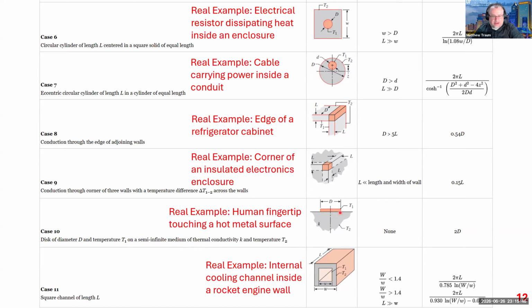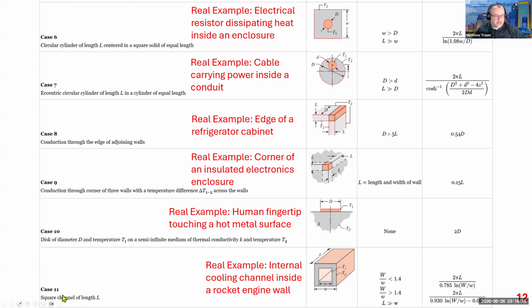Your finger makes basically a circular shape, and it's at whatever your skin temperature happens to be. And then here's the underlying hot surface. So don't try this at home. Please don't put your finger on a hot plate to test this. But you could actually figure out how much heat gets transferred from a hot plate to your finger with the shape factor if you touch a stove, or a hot pan. That's I think pretty cool.